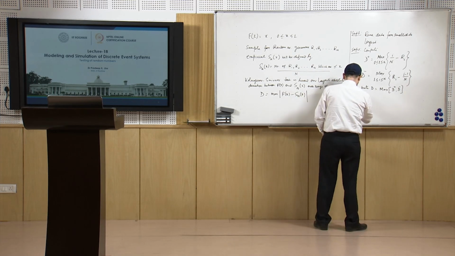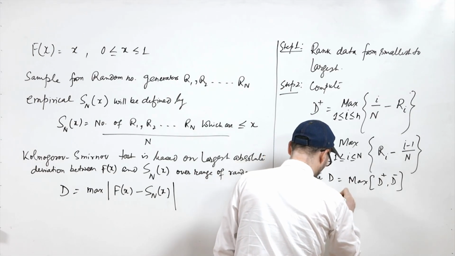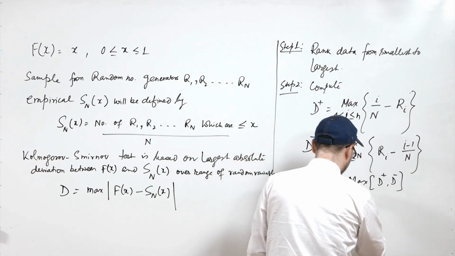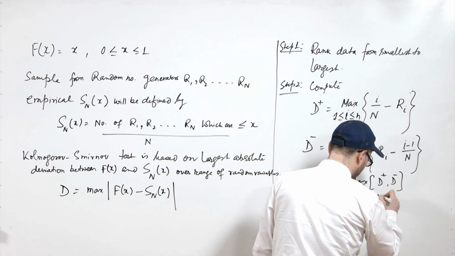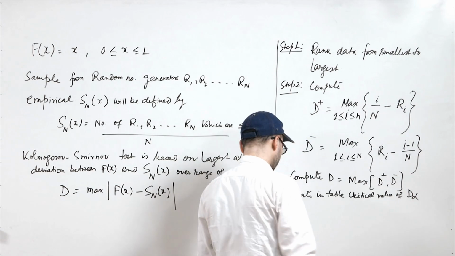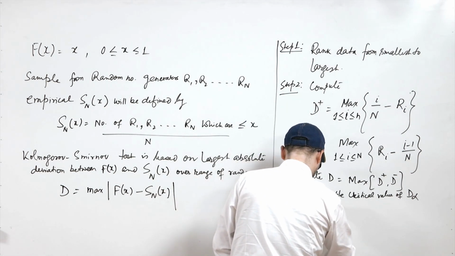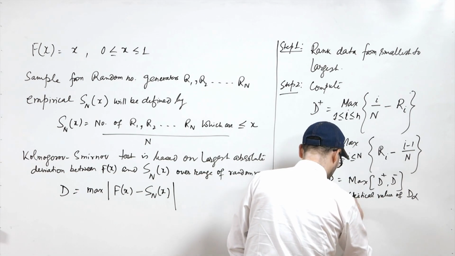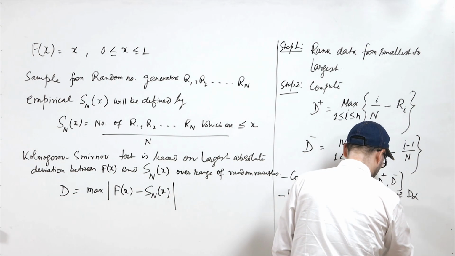Then locate in the table the critical value of d alpha for the specified level alpha in sample n.